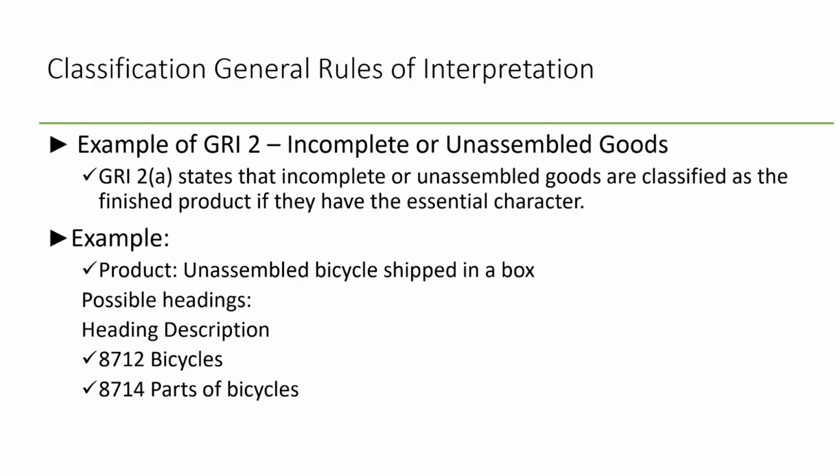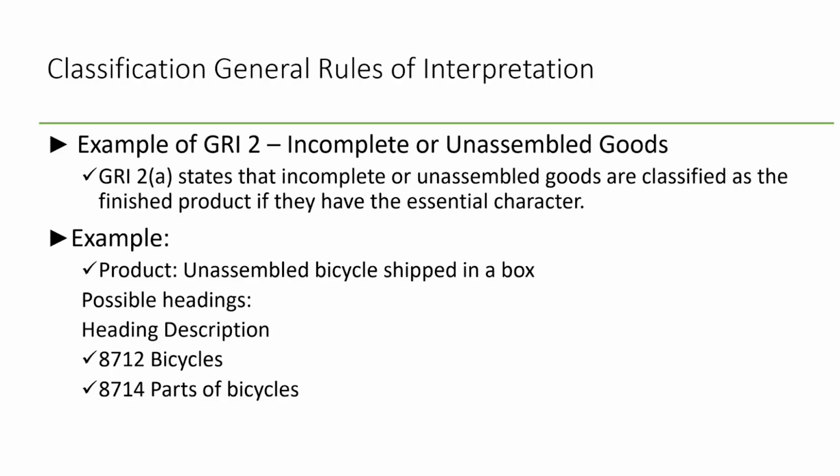So the next one is GRI 2, and that's to do with incomplete or unassembled goods. There are three parts under GRI 2, A, B, and C, but GRI 2A states that incomplete or unassembled goods are classified as the finished product if they have the essential character. The example used is an unassembled bicycle shipped in a box. The possible headings are 8712 or 8714.